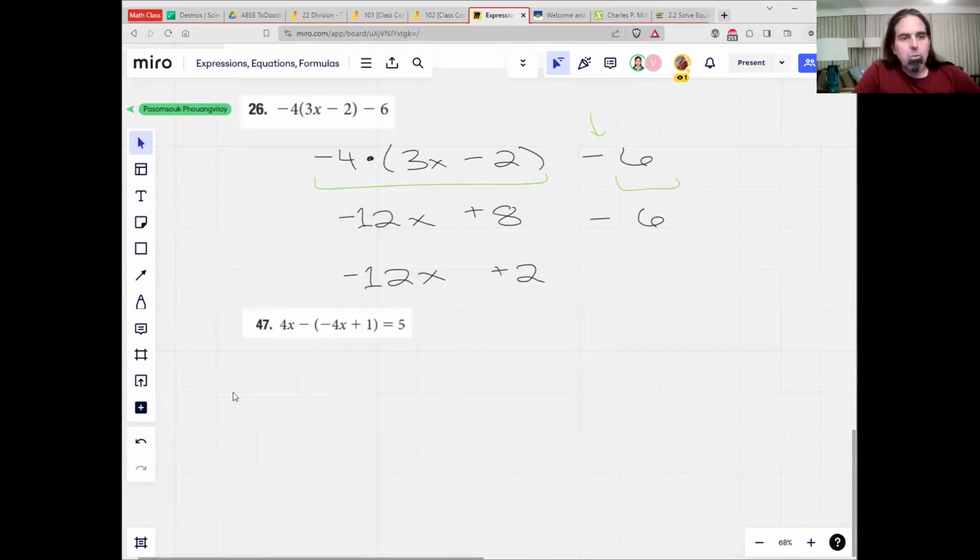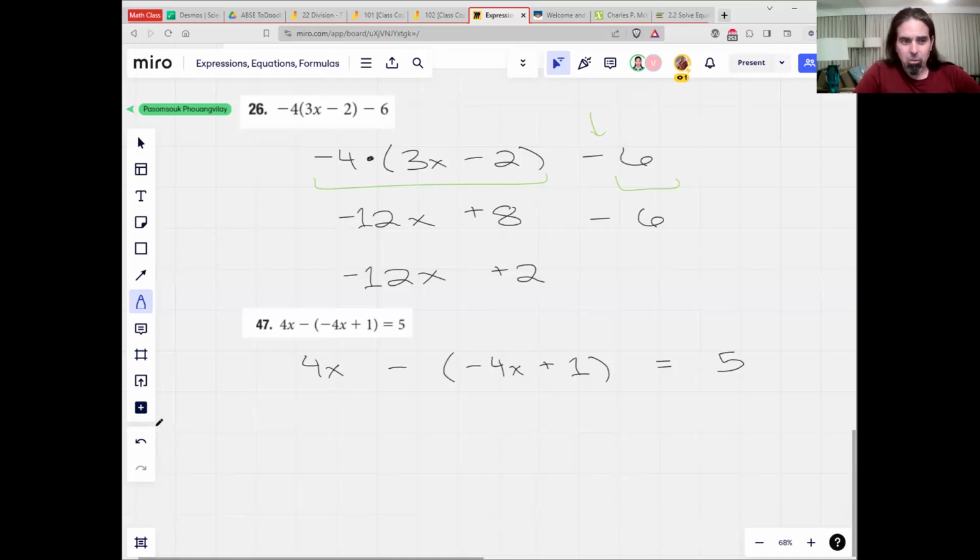Okay, so for x minus the quantity minus 4x plus 1 equals 5. This one, there's kind of an invisible thing.